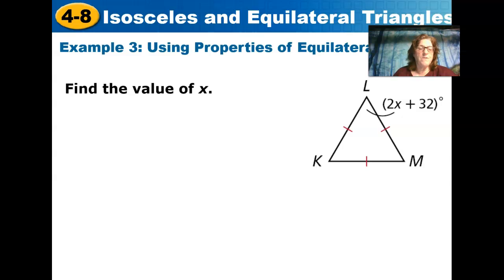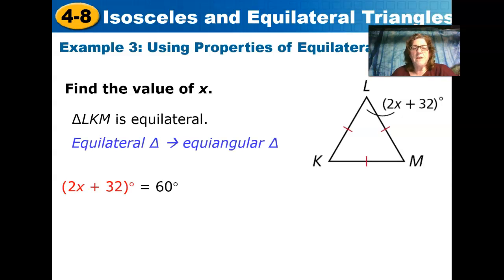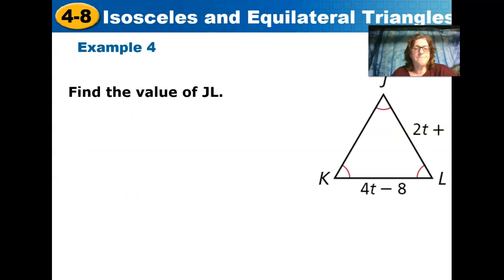Hopefully you have put the video on pause and figured the answer out. I ended up getting that x is equal to 14. Moving on to the next problem. Identify what kind of triangle we have. Line segment JL is 2t plus 1, and KL is 4t minus 8.